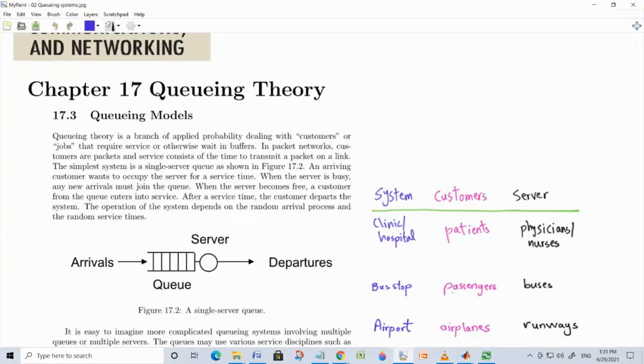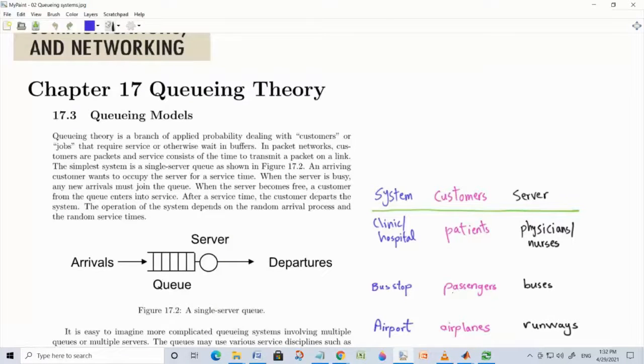Typically the arrivals will at times be greater than the number of servers, and so some customers will have to wait. Then a service is provided to those customers, and once a customer is done, he or she will depart from the system. So there is a departure process.